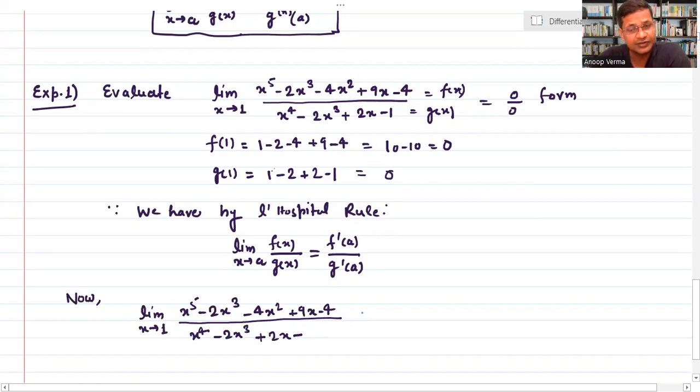When you are taking the derivative, तो डेरिवेटिव will have to be taken separately of numerator and denominator.